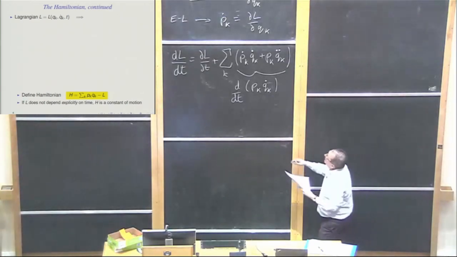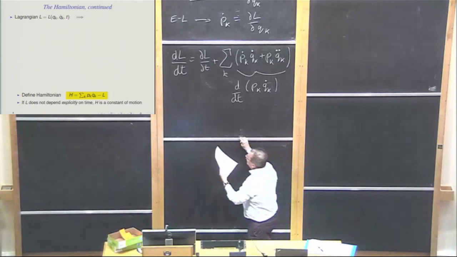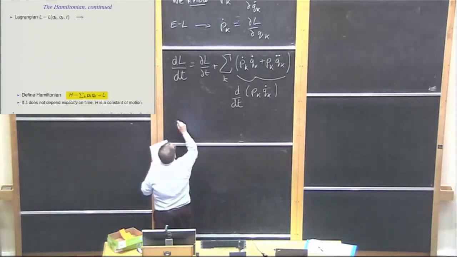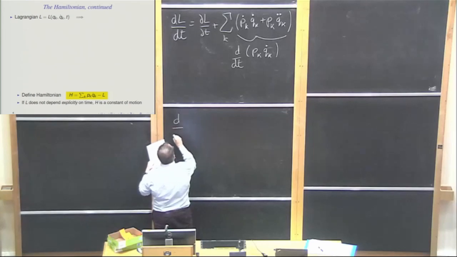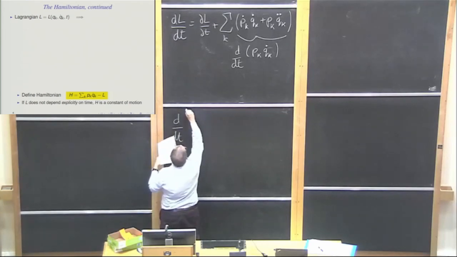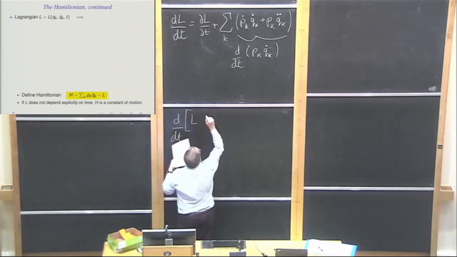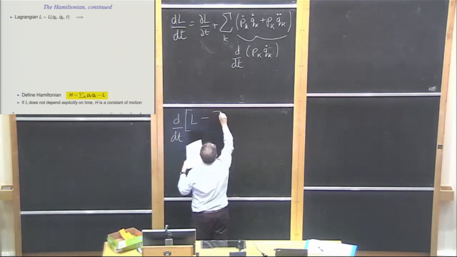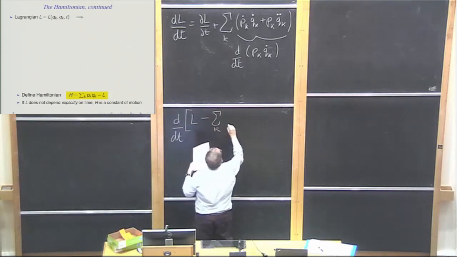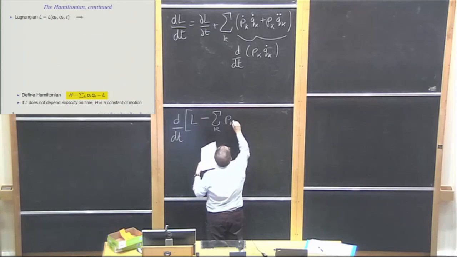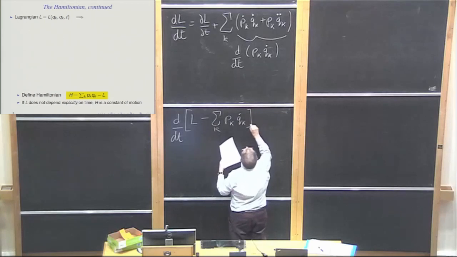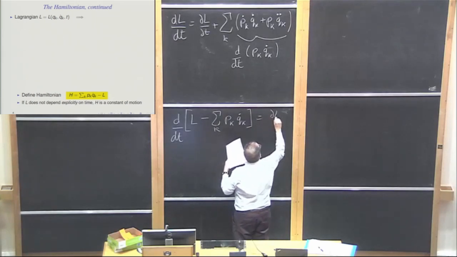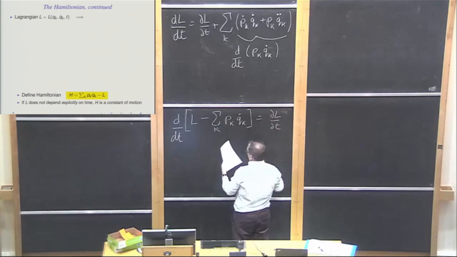So what we can do is move this across to the other side of the equation. So we can say d by dt of L and then minus all of this, so we get the sum of p_k q_k dot, and that is equal to partial ∂L by ∂t.